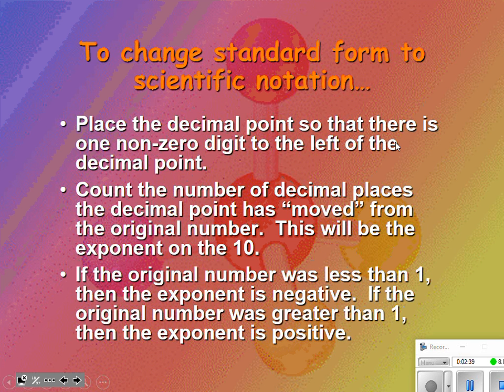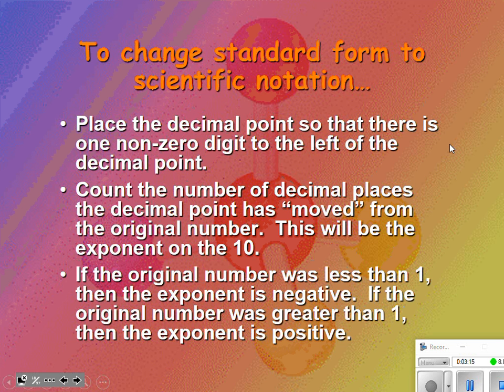Now, to change into scientific notation, we place a decimal point so that there is one non-zero digit to the left of the decimal point. That is why we don't use 10, because if we would use 10, it would be 2 digits to the left.